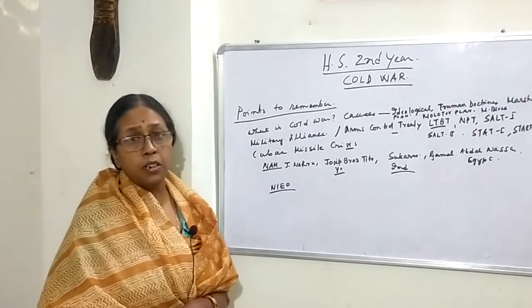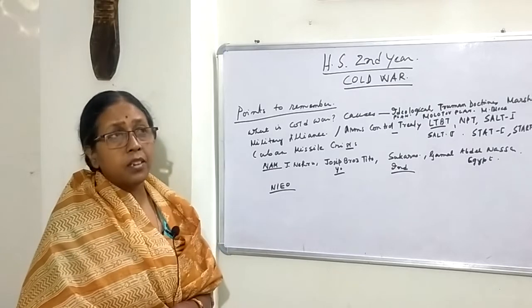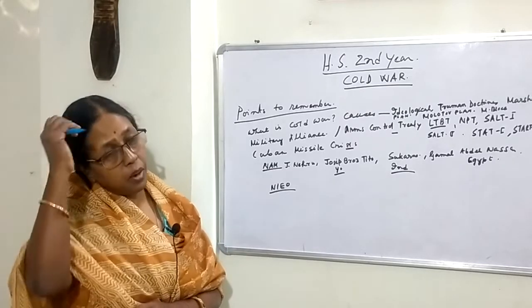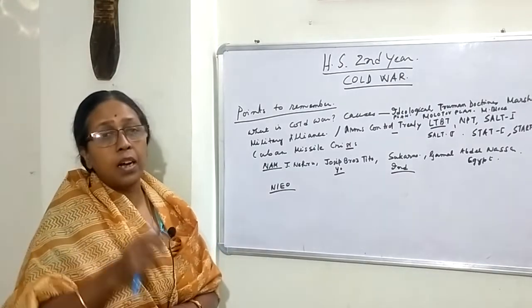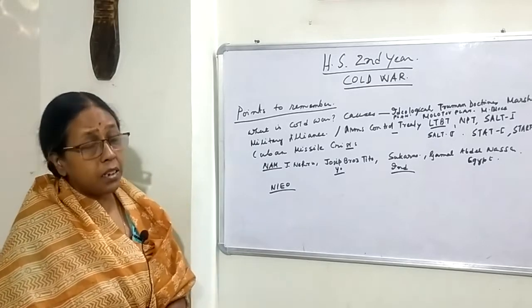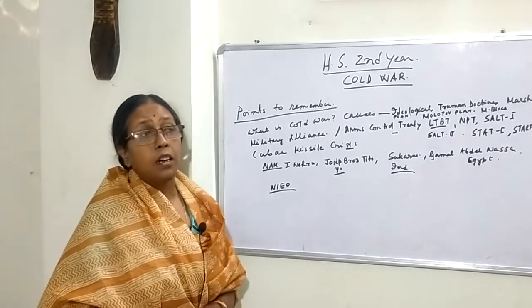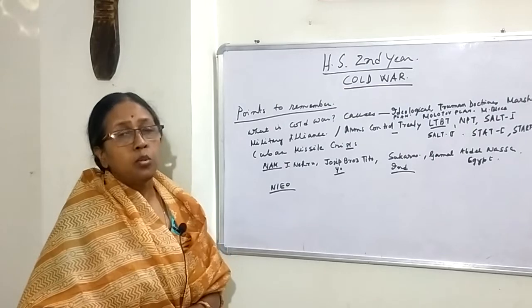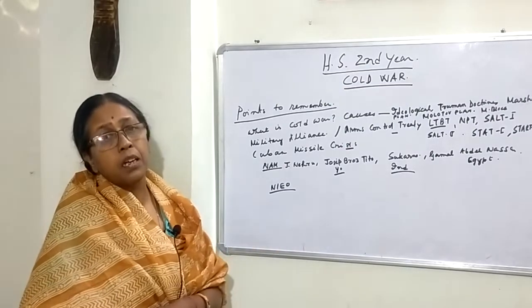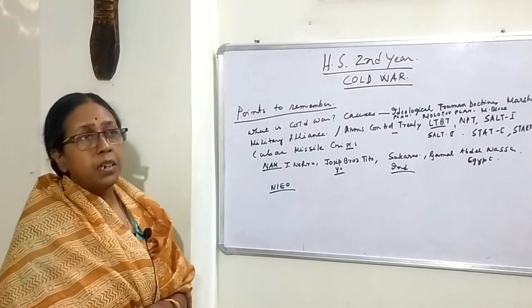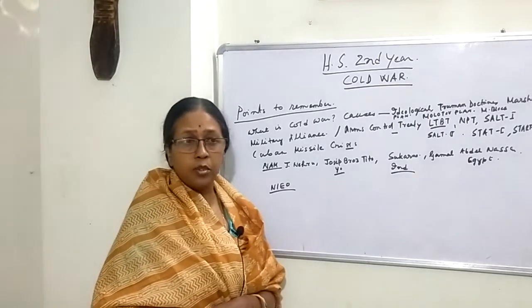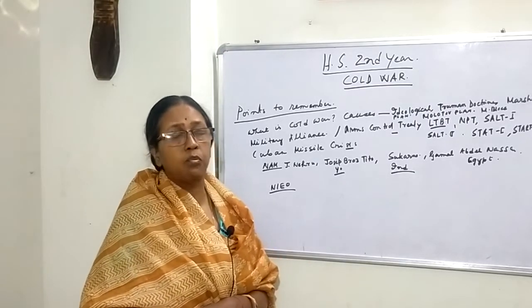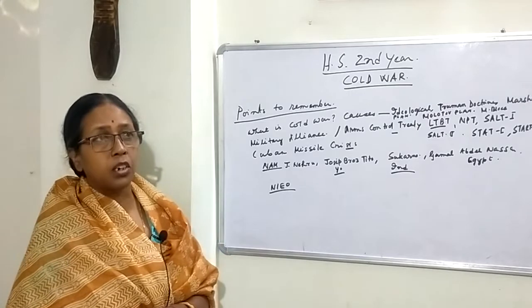Actually, after the Second World War, two countries, one is USA, that means United States of America, and another one is USSR, that means Soviet Russia. These two countries became superpowers. Britain and France were also there, but they were not as powerful as America and Soviet Russia.